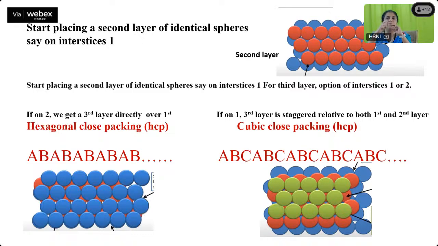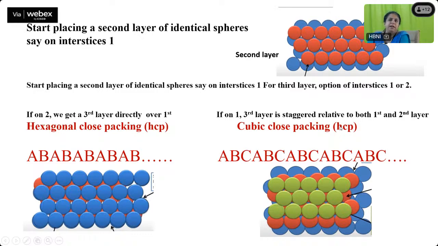And now if you again put it on interstices pointing 1, then you will repeat your arrangement of the first layer. So what I'm trying to say is layer 1 is similar to layer 4. So you have A, B, C, and then A, B, C, and ABC, and this will repeat infinitely, and this will give you what we call cubic close packing or CCP.